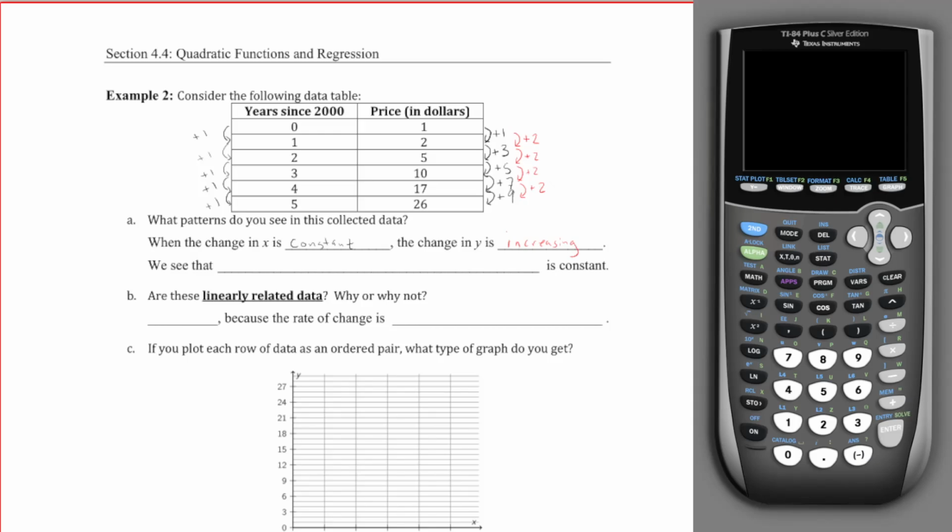We don't have a constant change in y, but we see that the change in the change in y is constant. And that's characteristic of this new pattern. This is not linear because the rate of change is not constant.